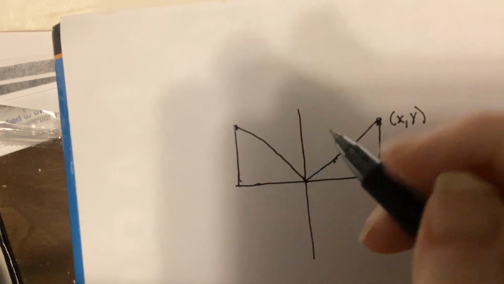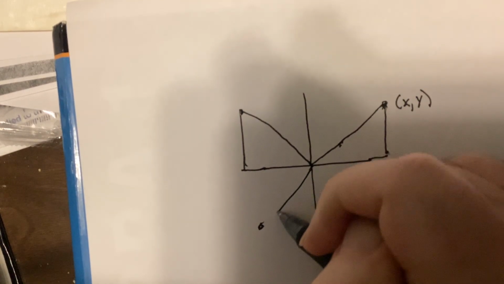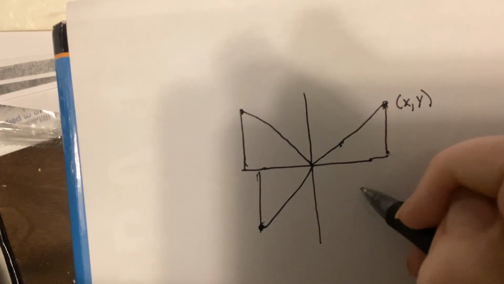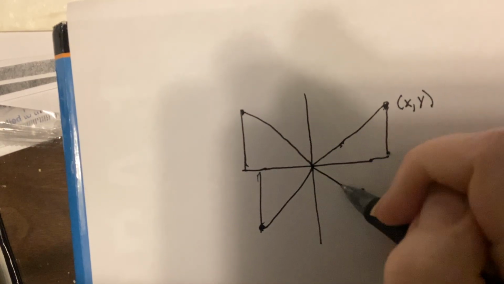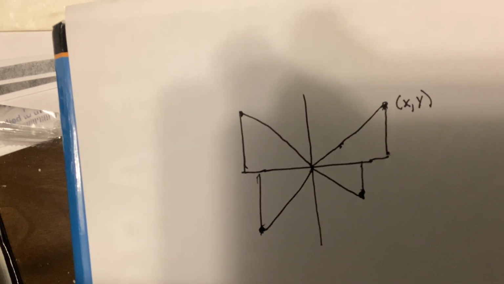And I'm getting sloppier and sloppier. Third quadrant, we have this. In the fourth quadrant, we have this. Because it just depends where the point is.